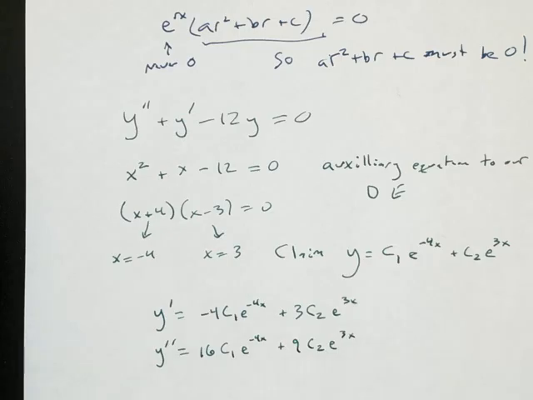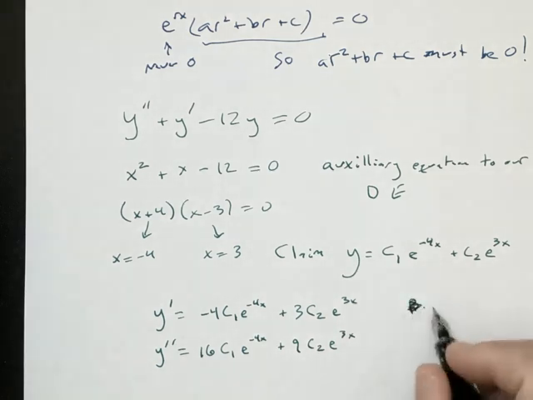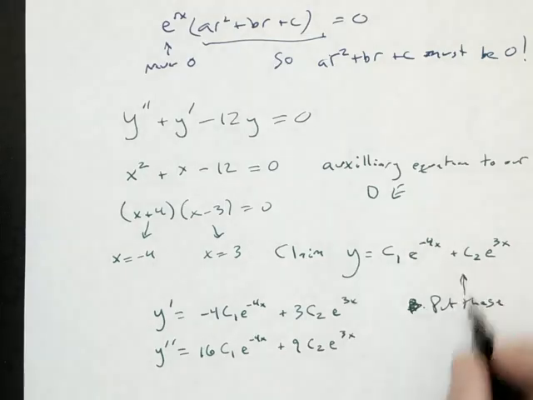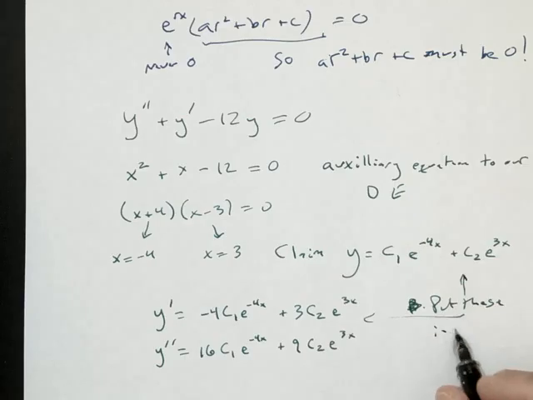Now let's take those pieces and put them back in our differential equation. Y double prime plus y prime minus 12y.